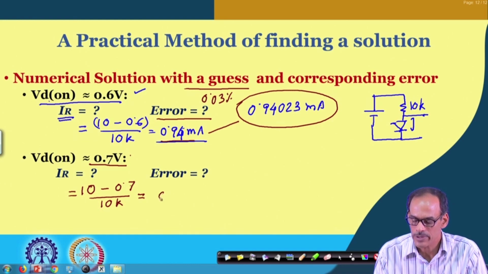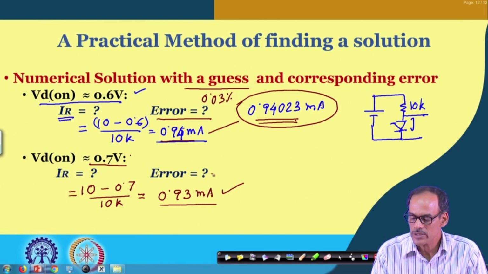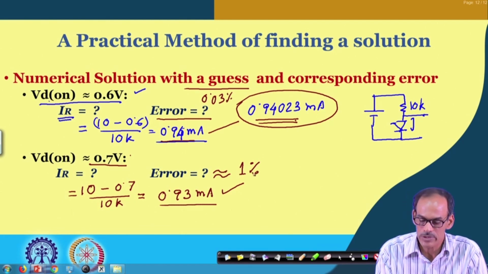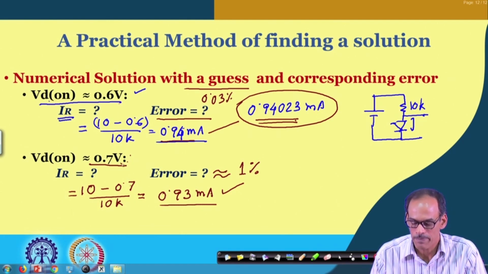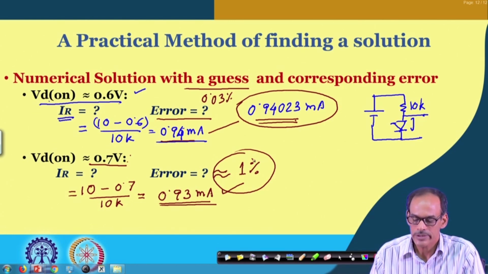So, it is coming to 0.93 milliampere. Of course, it is slightly different from this value. It is not as close as this one, but still if you compare this value and this value, I should say this amount of error is in the order of just 1%, slightly above 1%. So, even with this much of a guess, we are getting some solution which is falling within this level of accuracy, and most of the time for hand calculation this may be sufficient.